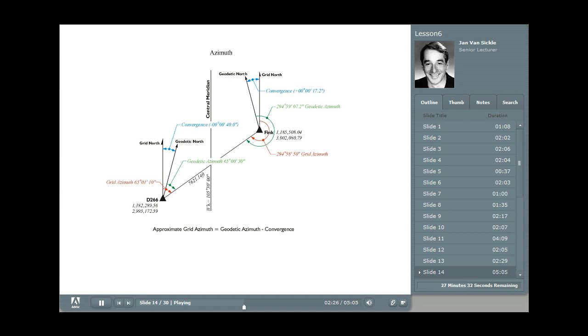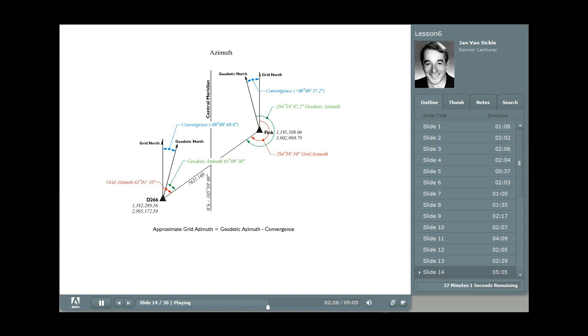Now, as long as one stays in state plane zones and with that parallelism on grid north and so on, you can have a grid azimuth that is here in red, so that if one occupied station Fink, let's say, on the map at least, and turned the angle 294 degrees, 58 minutes and 50 seconds, that points you down the vector to D266 station.